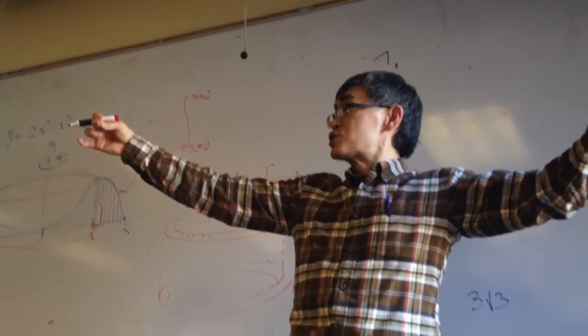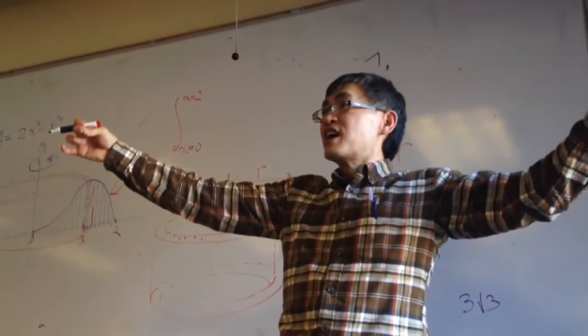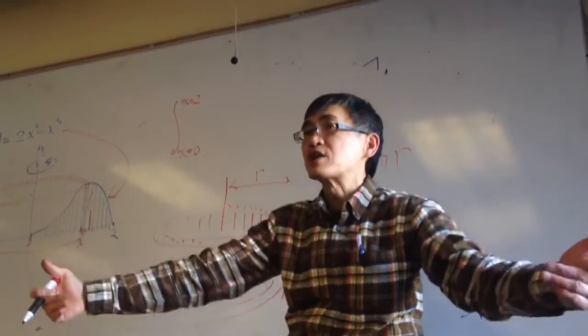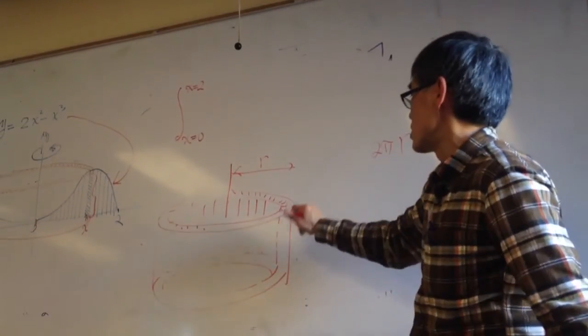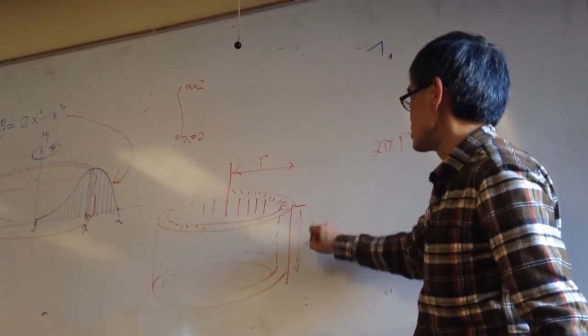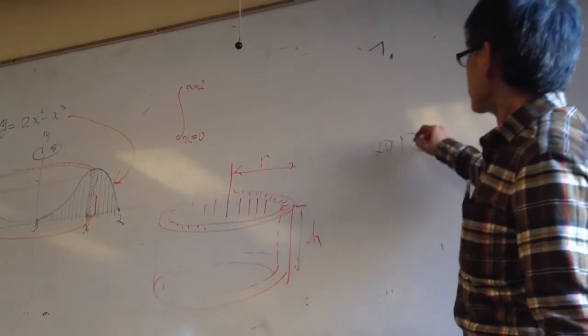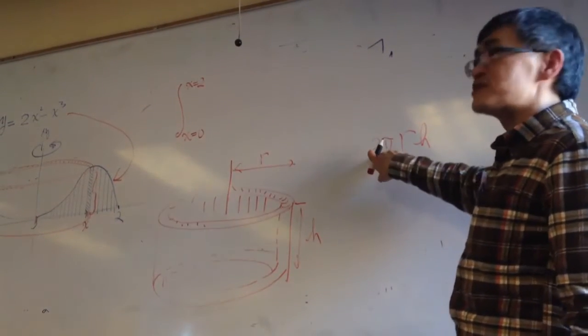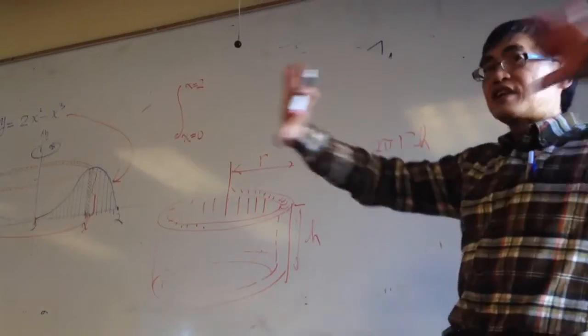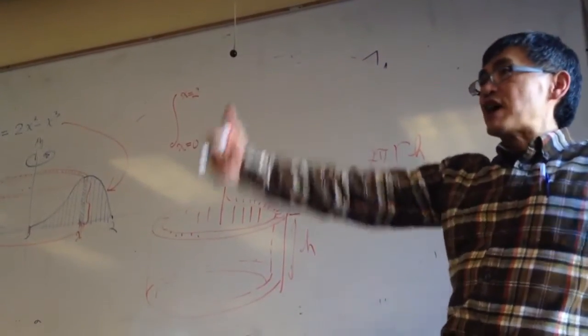That's the perimeter. Is that right? And that perimeter then becomes the width of that rectangular sheet, right? And then the height of that rectangular sheet is just the height of this, which I call h. So this width times height is the area of that rectangular sheet.